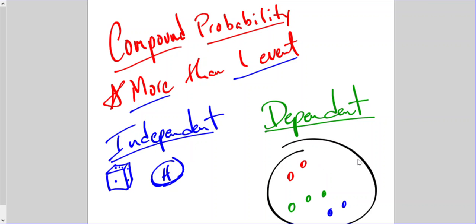That's what it means to be dependent. The situation changes after the first thing happens. I have this bag with 3 red Skittles in it, and now I eat one of those. Now I only have 2 red Skittles, and I also only have 7 Skittles altogether. I had 8, now I only have 7. So the situation changes as you go from the first event to the second event. That's what it means for them to be dependent. The second event is dependent on what happens in the first event.